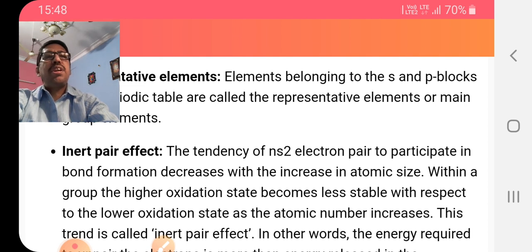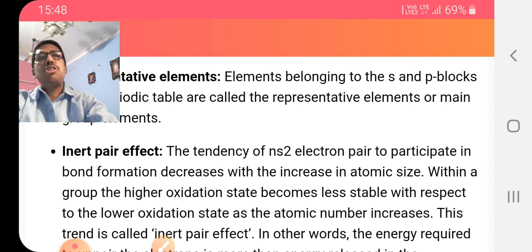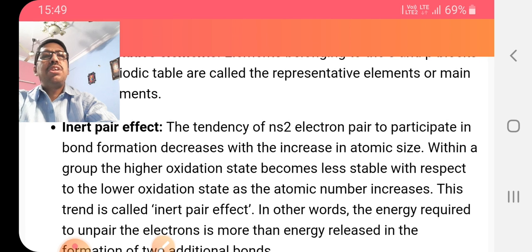As we have stated earlier, the general valence shell electronic configuration of p block elements is ns2 np1 to np6, but the tendency of the ns2 electron pair to participate in bond formation decreases as the size of the atom goes on increasing, as a result of which the higher oxidation state becomes less stable as compared to the lower oxidation state.